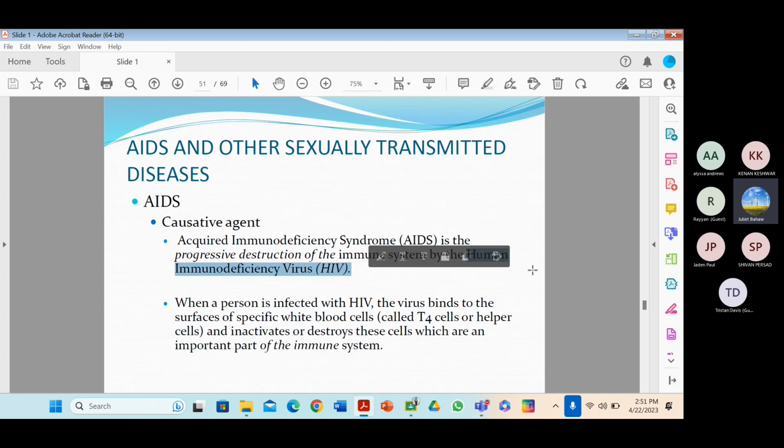How does someone get HIV? Either through sexual intercourse with someone who has HIV, or sharing infected needles, or, let's say, through a blood transfusion. There was someone who got it from a blood transfusion.